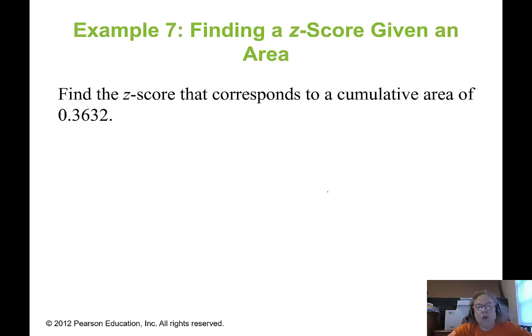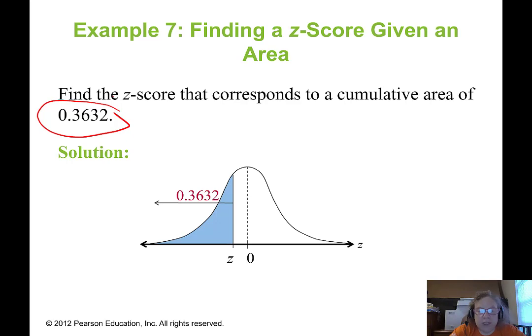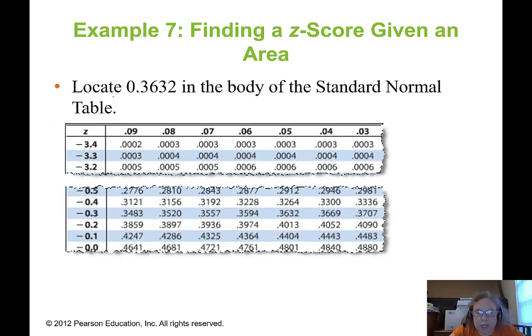So let's get started. We're on example 7, which is on page 16. And we're being asked to find the z-score that corresponds to a cumulative area of 0.3632. So what are we going to do? We're going to go look at our table, and we're going to look for that 0.3632 or whatever's the closest. And because this is a store-bought problem, we're going to be able to find that 0.3632 right on that table.